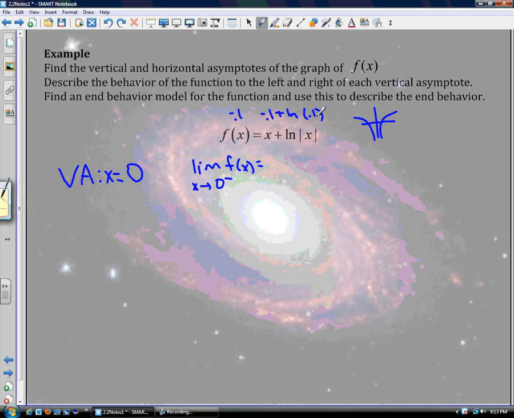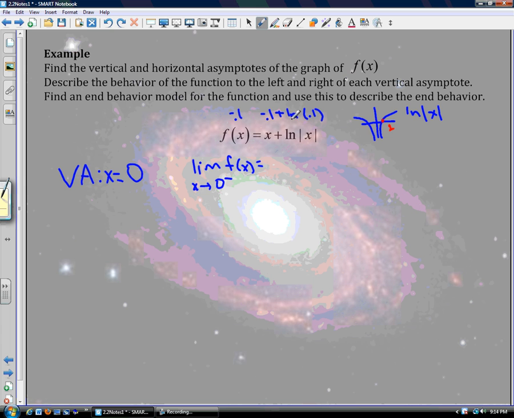Okay, ln of positive 0.1, well, we're way down here. This is my ln of absolute value of x. Right, ln of a very small number is down here, right? This intercept right here is at 1. So if I plug in anything that's between 0 and 1, then it's going to be this big negative number, right? Especially the smaller the x value, the more negative your ln of that value will be.